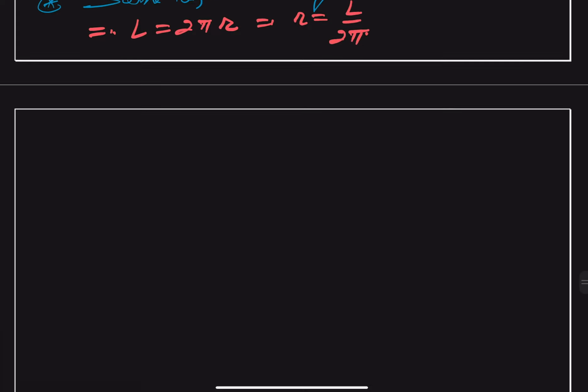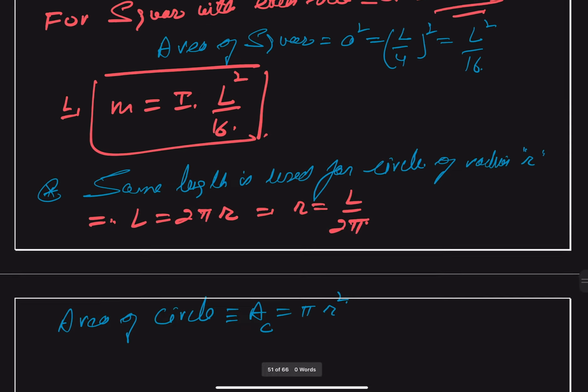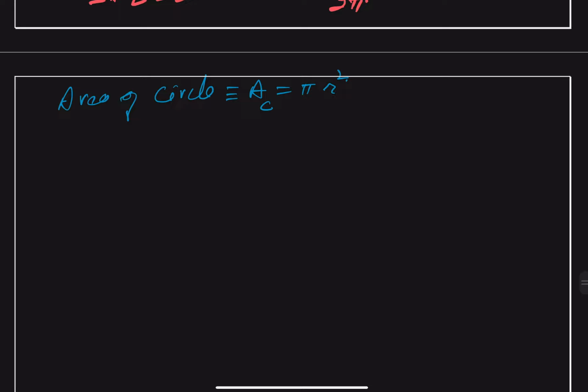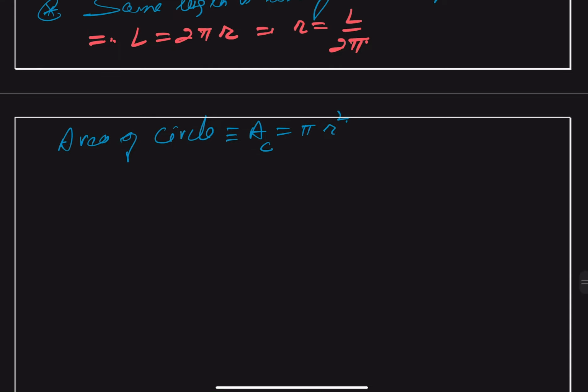Now we can find out its area. Area of circle, let us call that A circle, will be equal to pi R square, and R we just found out, so this comes as pi, and we have here L square upon 4 pi square. This pi square cancels this pi, so we get this as L square upon 4 pi.